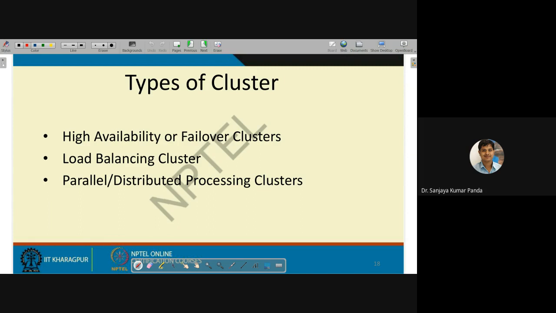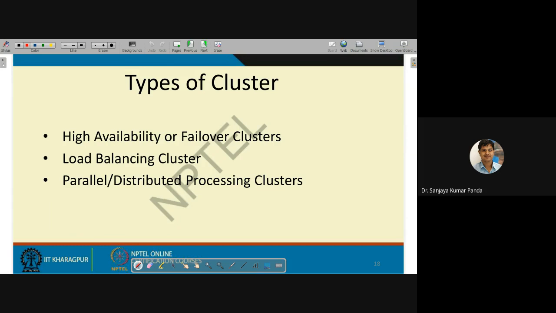High availability means if something is available 24 by 7 in a particular week, then you will say it is highly available, right? But do you ensure that if a system is active 24 by 7, it is providing you better performance? That is a question mark.